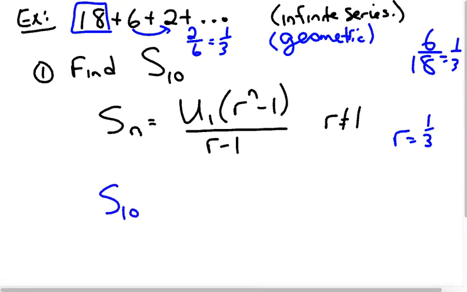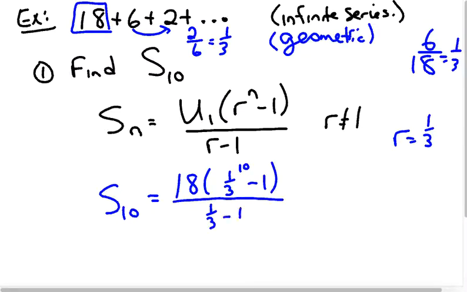We're going to figure out this first one. The first 10 elements is going to be the first one, 18 times 1/3 to the 10th power minus 1 over 1/3 minus 1. Put it all in the calculator and you get 26.9995, or approximately 27.